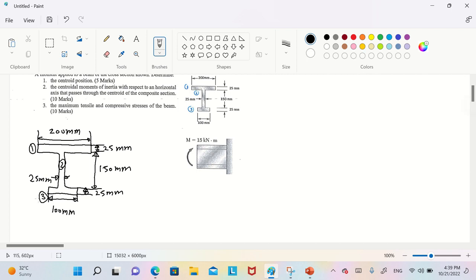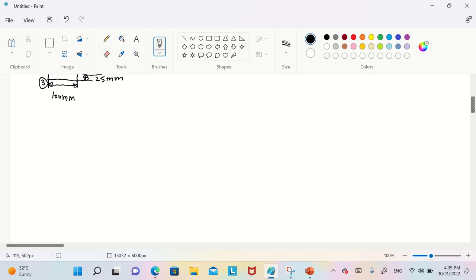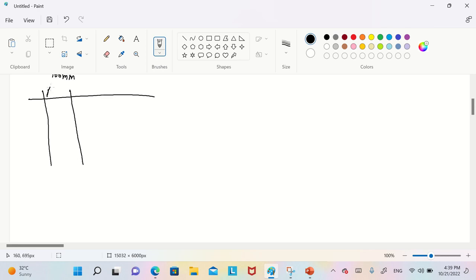Okay, we need to make a schedule here for the area, here's for the y bar, and here y bar area. Okay, we will start with number 1.